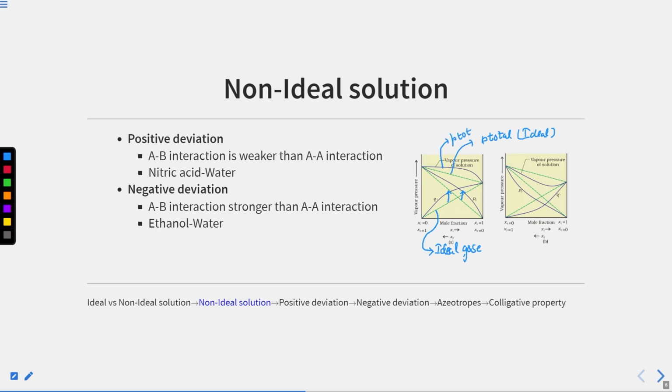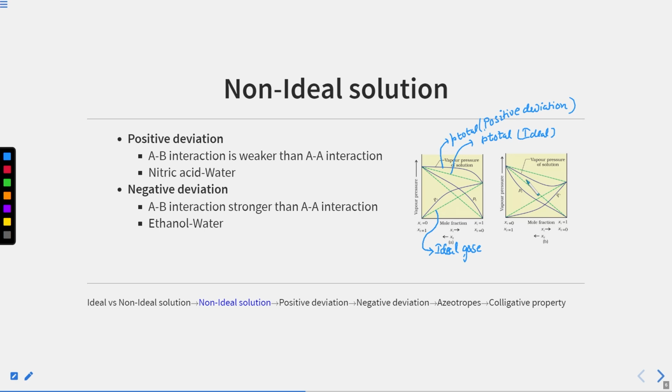And this is for non-ideal, or specifically you can say positive deviation. This graph is showing a positive deviation. How? Because the pressure that was expected is less, so it is more than that expected pressure. And on all these lines, you can see we have seen a rise in the pressure. So this is positive deviation.